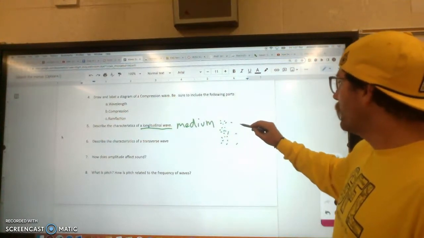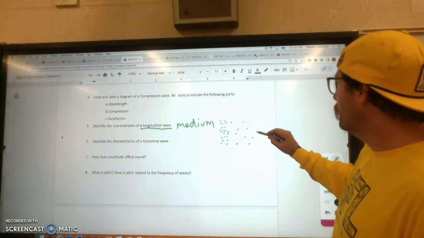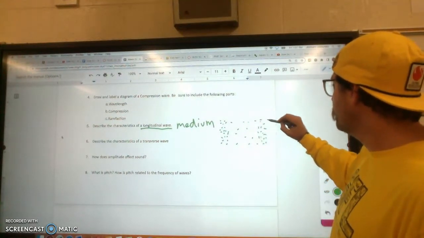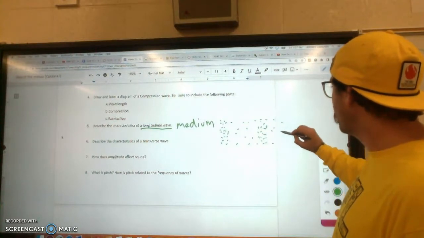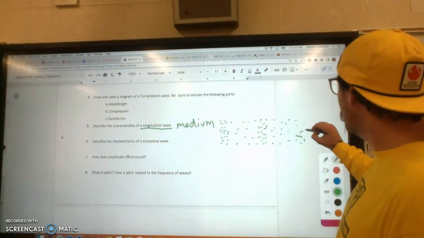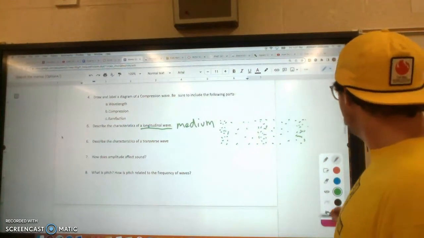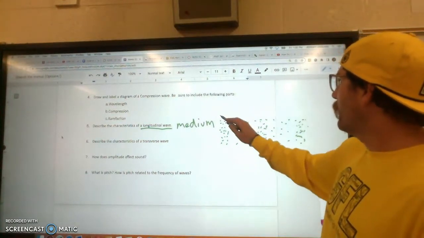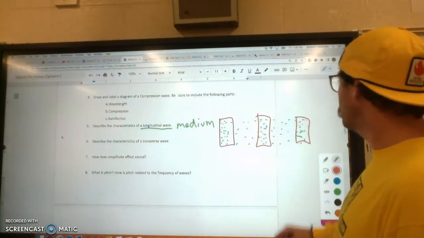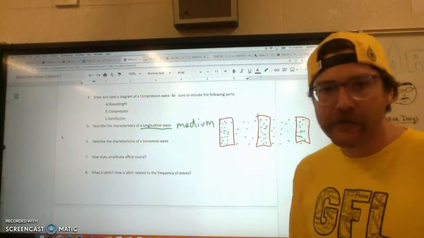And then there might be areas where they're more spread out. Might be areas where we have another compression. Areas where things are spread out. Areas where we have another compression. And so again, we have a compression, a compression, a compression, and some rarefactions.